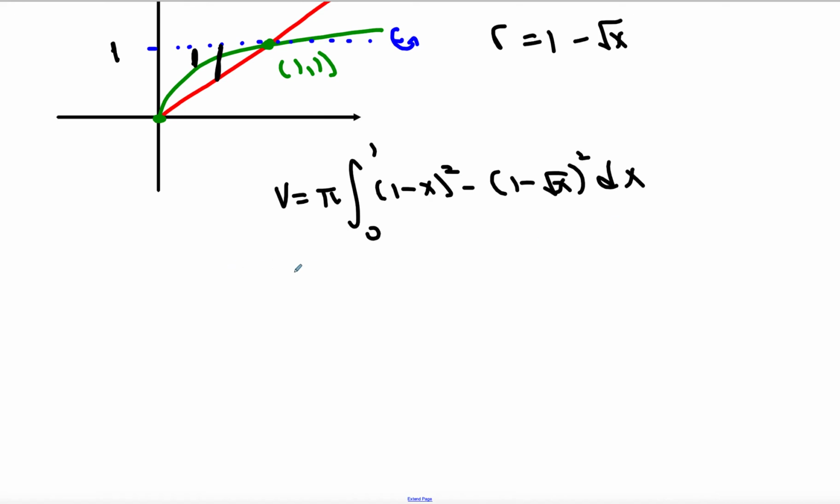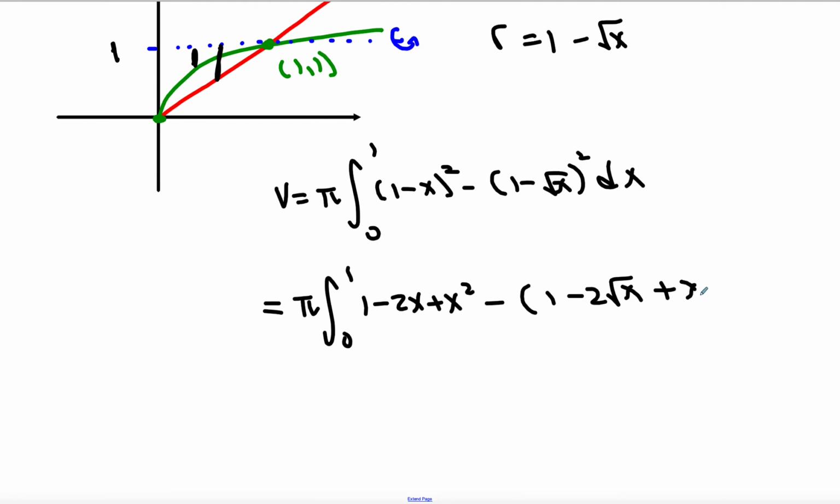Let's try to calculate this one. Before we do that, we're going to expand it. 0 to 1, 1 minus 2x plus x squared minus (1 minus 2 radical x plus x) dx.